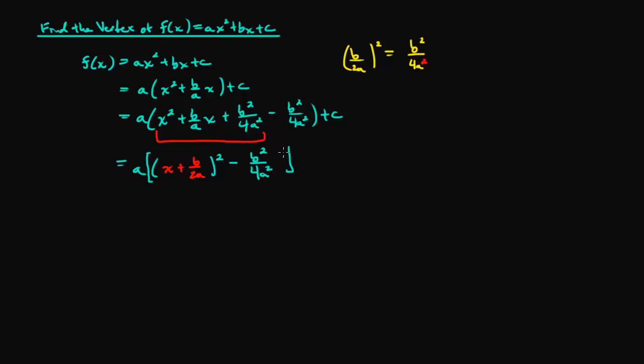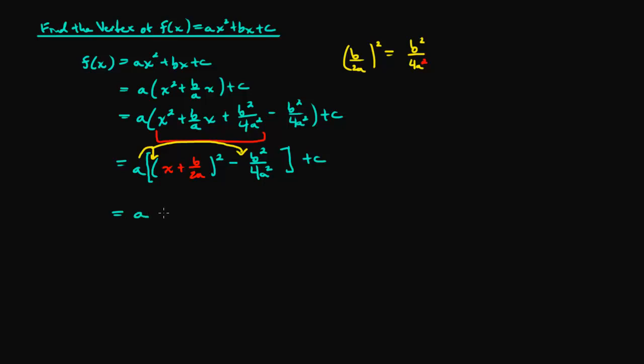And then I'll close this square bracket, and then I've got plus c. So the last step is to distribute a into the square brackets to get rid of the square brackets. So I've got to distribute a to this term, and then I've got to distribute a to this term to get rid of the square brackets. So let's go ahead and do that.